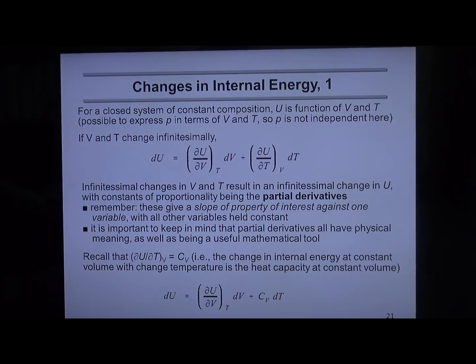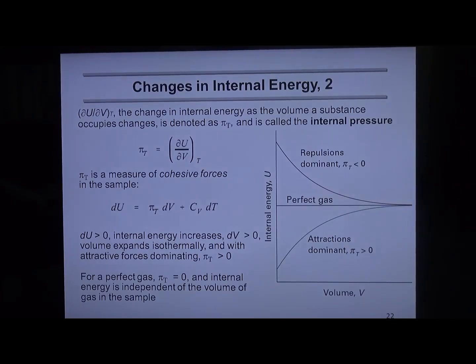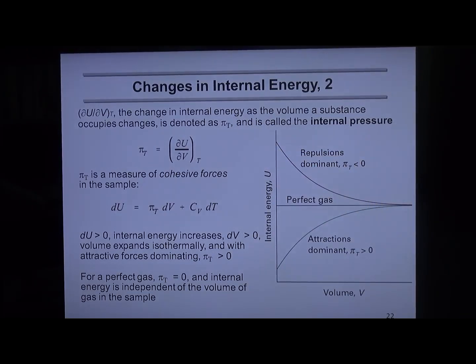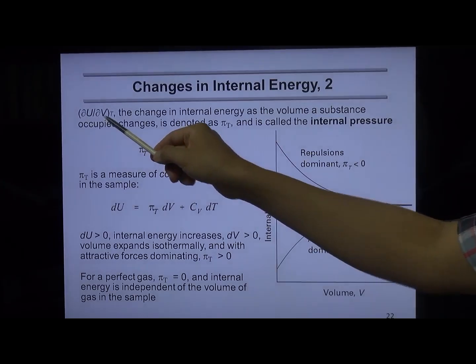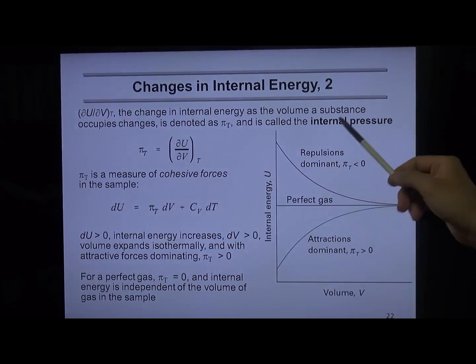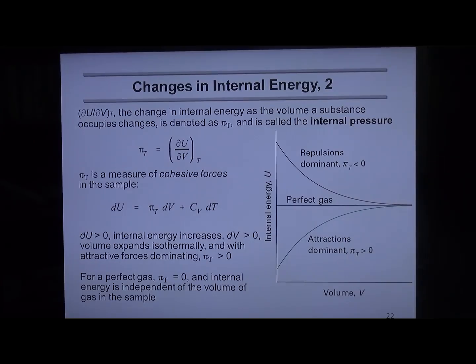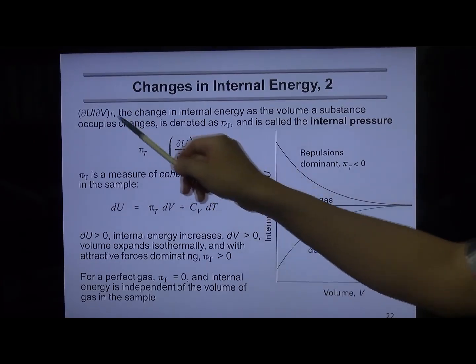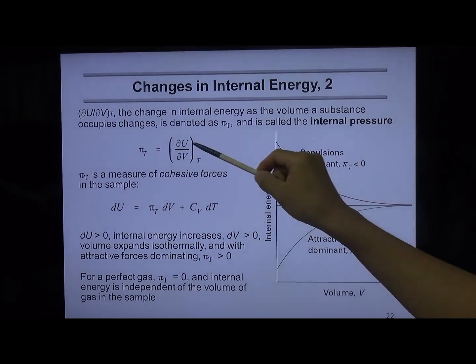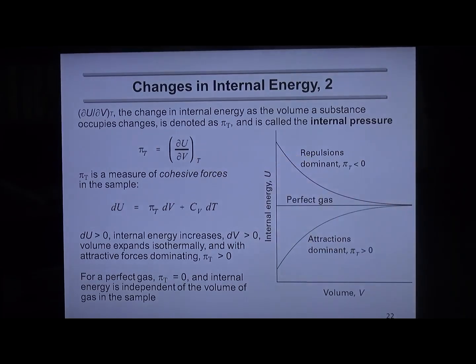That is actually defined as internal pressure, denoted as pi sub T. Internal energy change as a function of volume. Why we call this internal pressure is that the unit of this variable, energy divided by volume, corresponds to pressure, right?